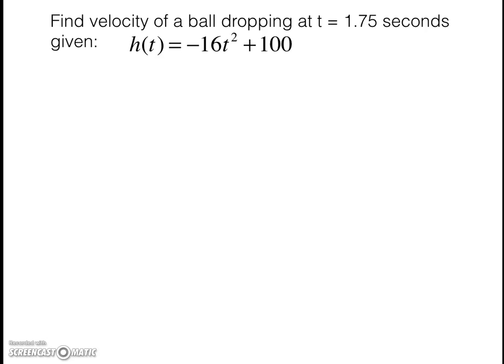Find the velocity of a ball dropped at t equals 1.75 seconds. And we're given the height function h of t equals negative 16t squared plus 100.